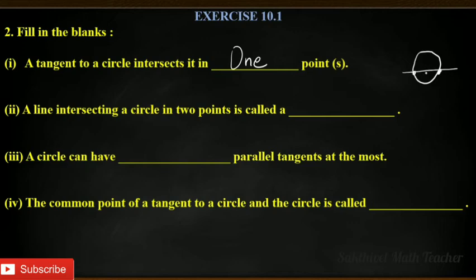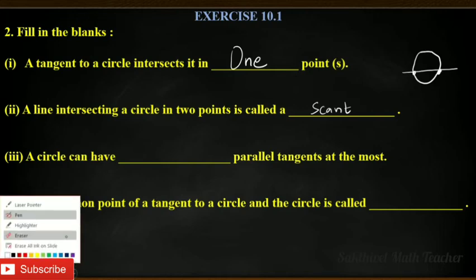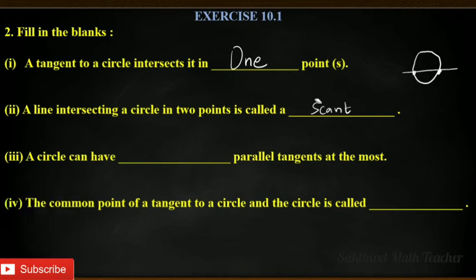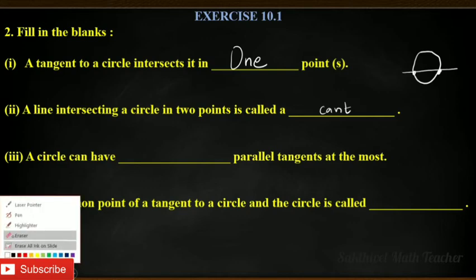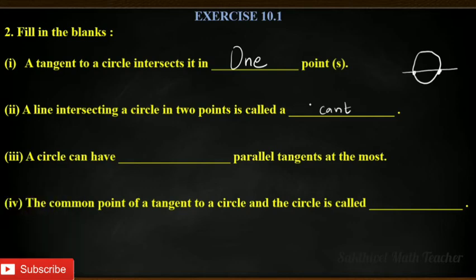Then this line is called what? That is called a secant. Okay, children. Yeah, just a minute. This is a secant.